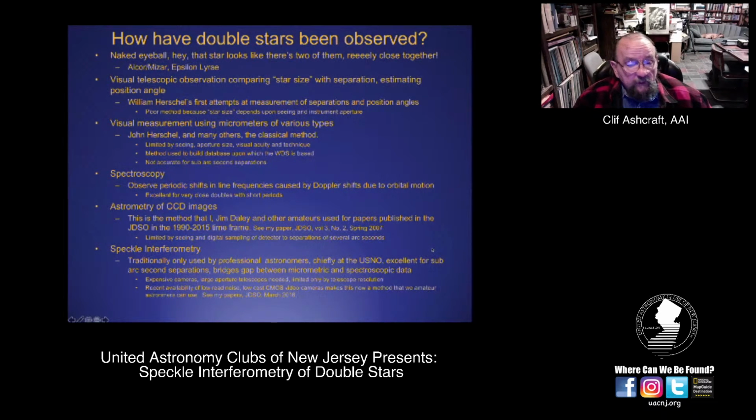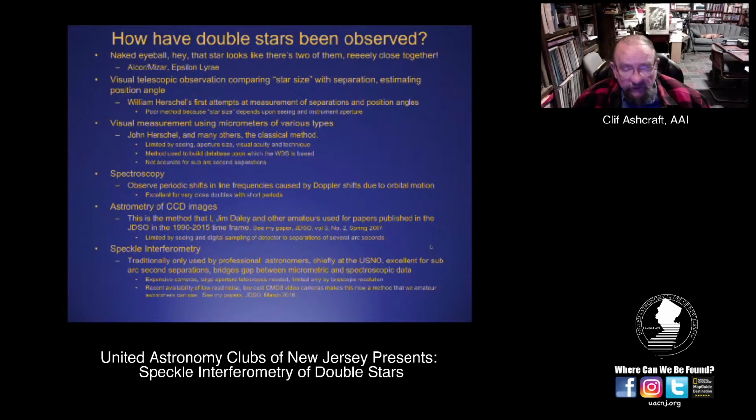The final one I'm going to talk about is speckle interferometry. This has traditionally only been used by professional astronomers, chiefly at the U.S. Naval Observatory. It's excellent for sub-arcsecond separations, and it bridges the gap between micrometric and spectroscopic data.